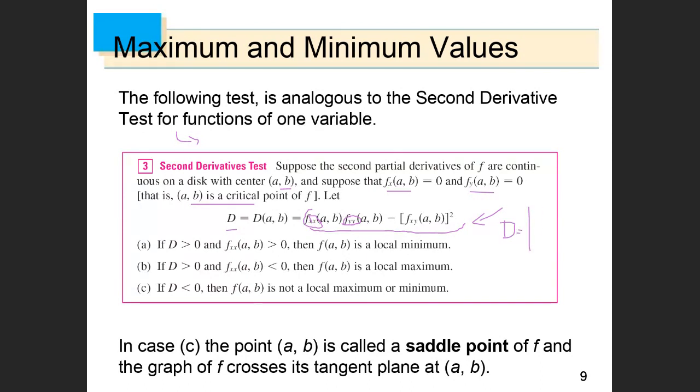The matrix where we wrote f_xx, f_xy, f_yx, f_yy. Okay, guys? So the determinant is f_xx times f_yy minus f_xy squared.